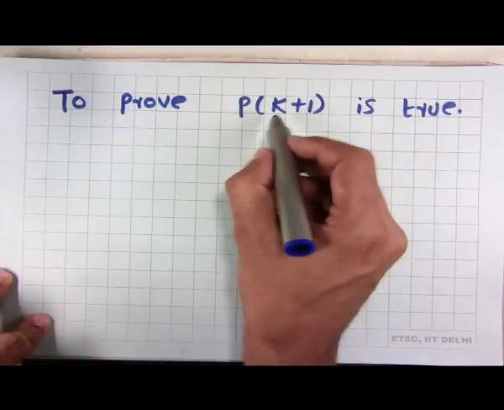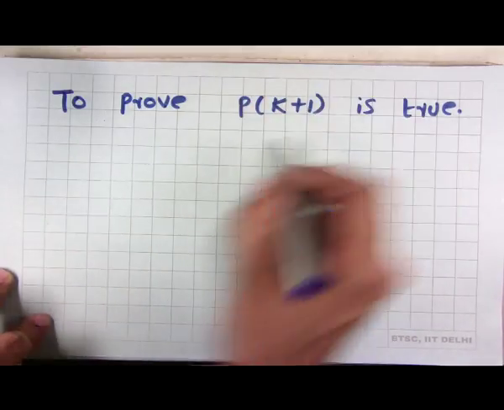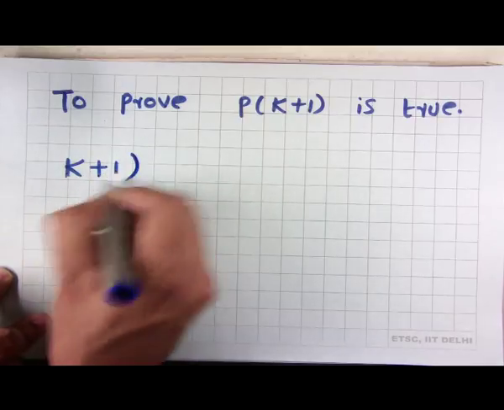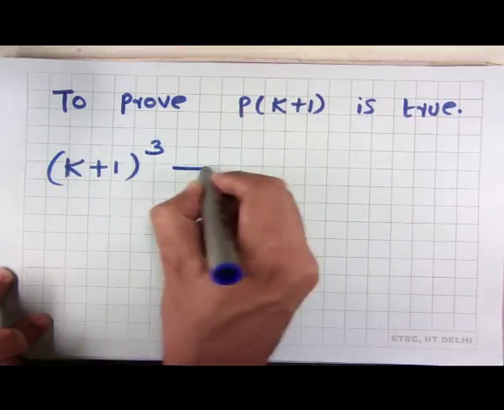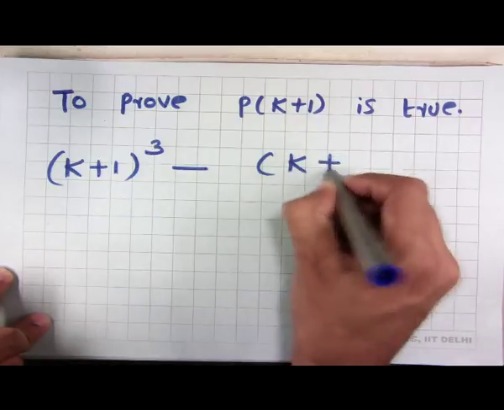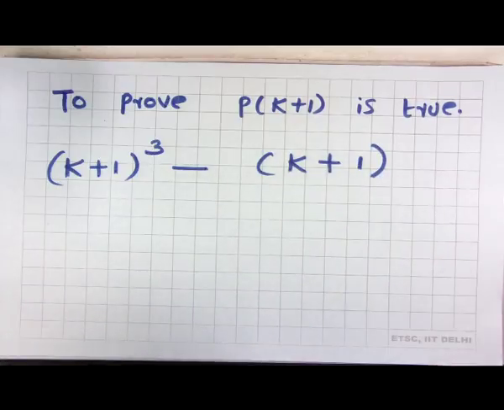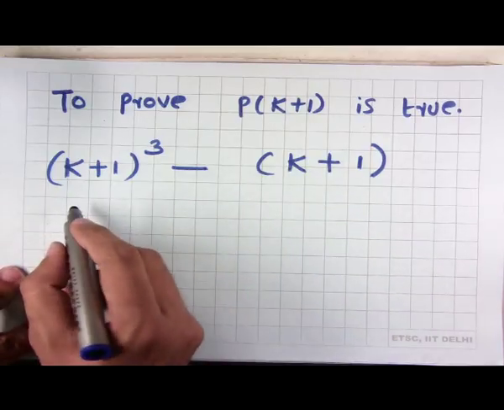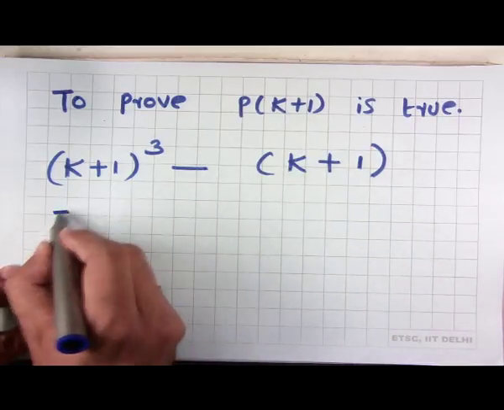For seeing whether P of k plus 1 is true or not, what I have to see is whether (k plus 1) the whole cube minus (k plus 1) is a multiple of 3, that is the question. Let us start with (k plus 1) the whole cube minus (k plus 1).